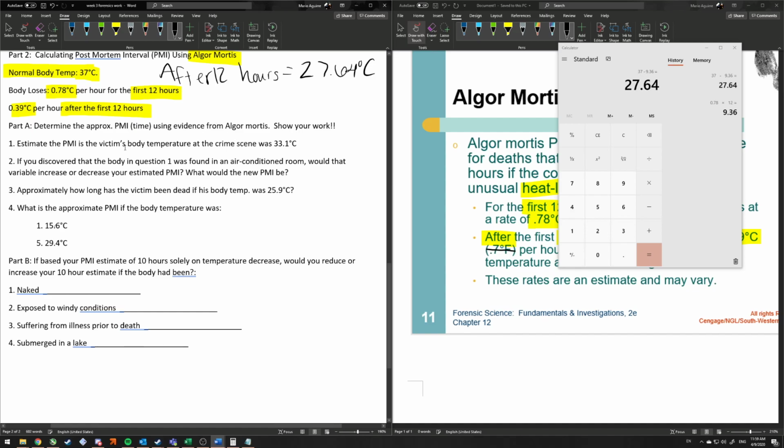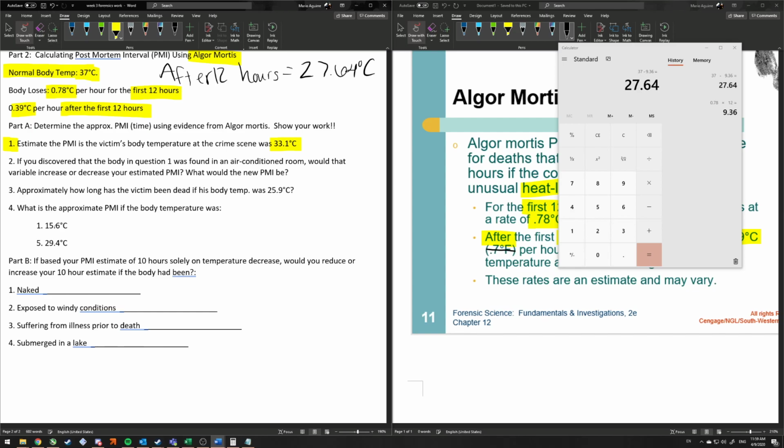Let's look at this first question right here. Number 1, estimate the PMI if the victim's body temperature at the crime scene was 33.1. So this is where we can use this information. Is 33.1 bigger than 27.64? Yes, which means they were dead for less than 12 hours.